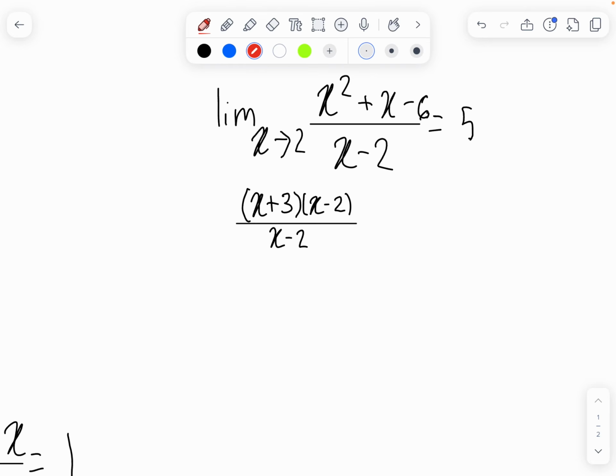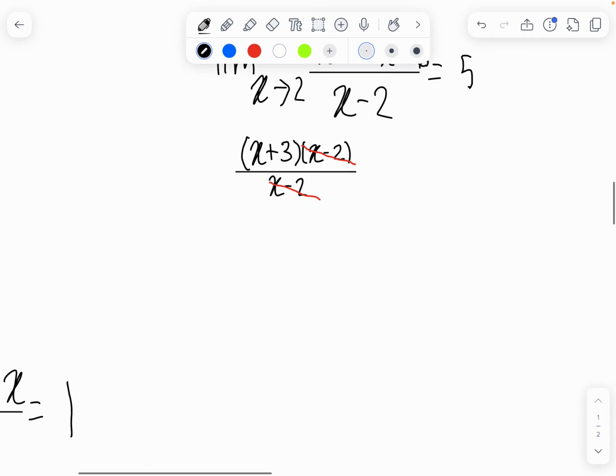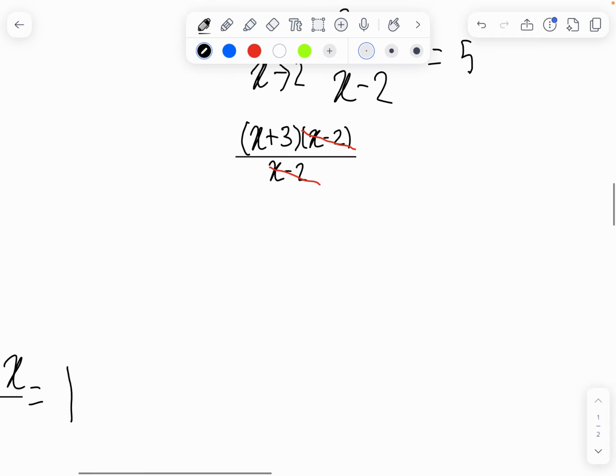And now we have to cross these values out, and we're left with x plus 3.